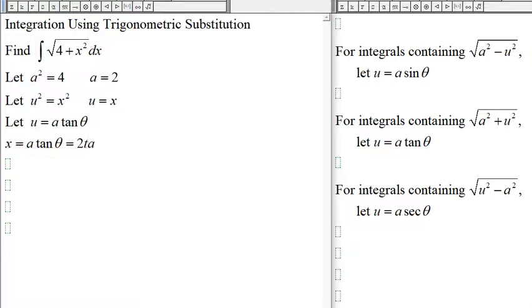But a is 2, so we get 2 tangent of theta. And then dx d theta: the derivative of tangent is secant square, so we get 2 secant square theta.